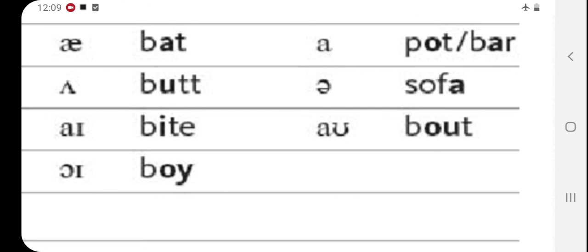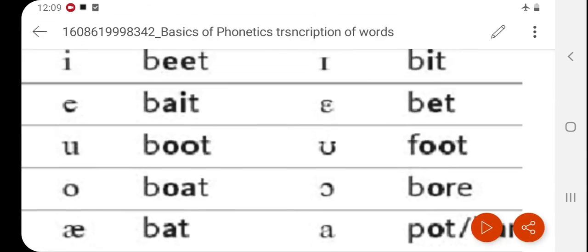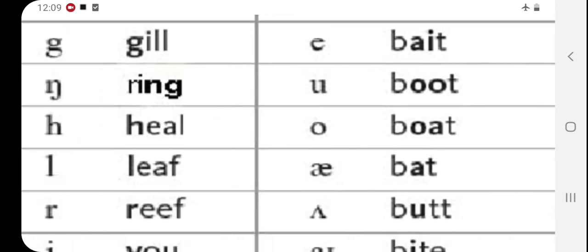So we will discuss it later: bite, the I sound, A and E. Then ow, bout. Then we have boy, O and E sound, boy. So these are the vowel symbols that I have told you here with examples, and these are the consonant symbols.